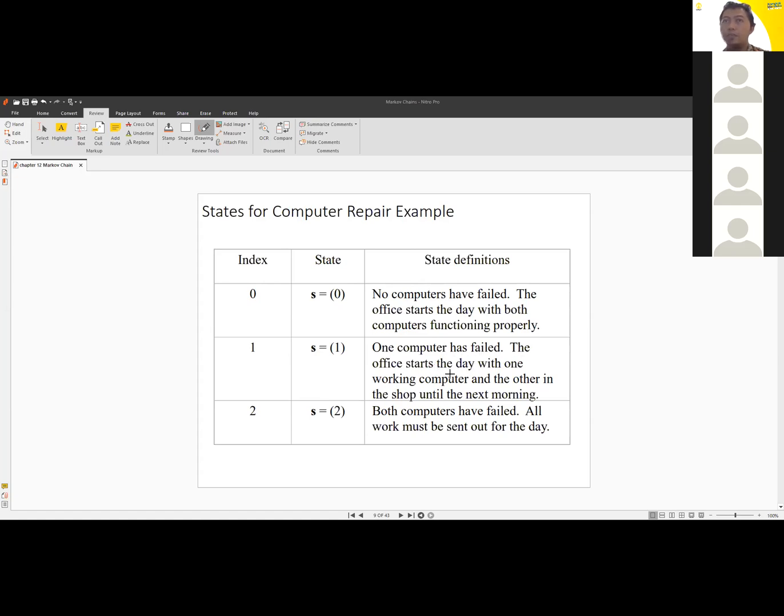The office starts the day with one working computer and the other in the shop until the next morning. Index 2: both computers have failed. All work must be sent out for the day, to the typing service.